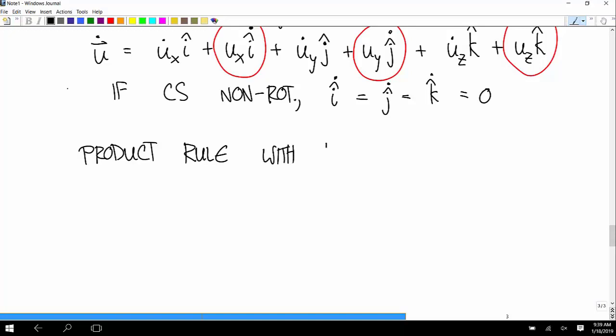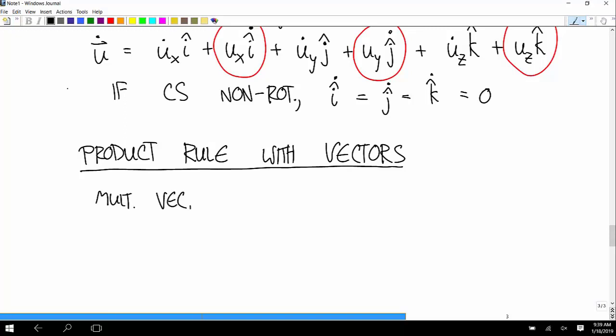The product rule with vectors. So first, if you multiply a vector by a scalar, so d dt of the quantity, where x is our scalar and u is our vector.